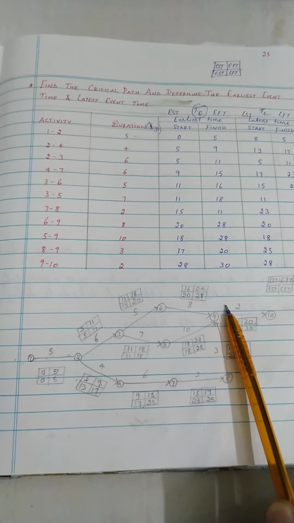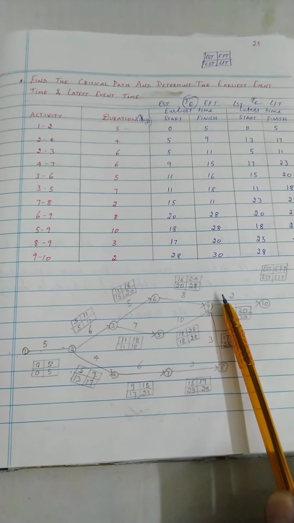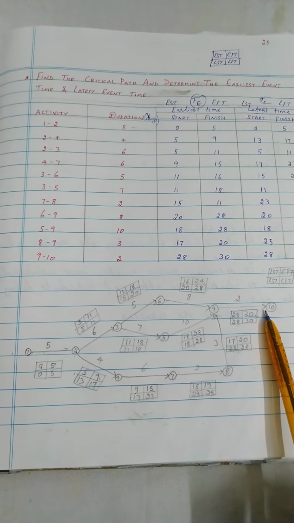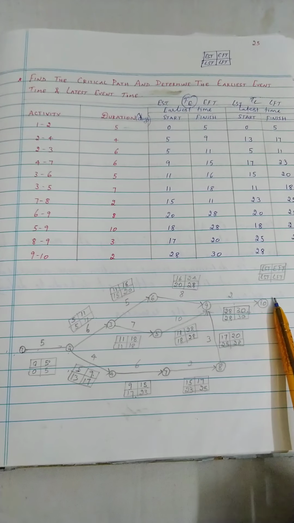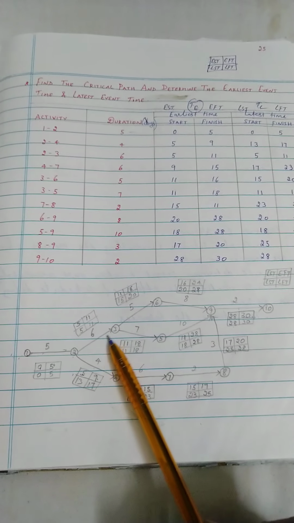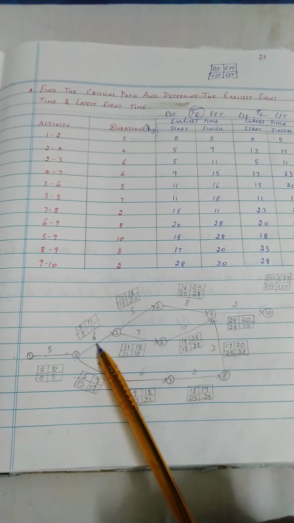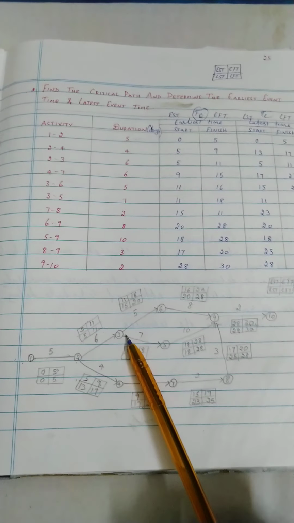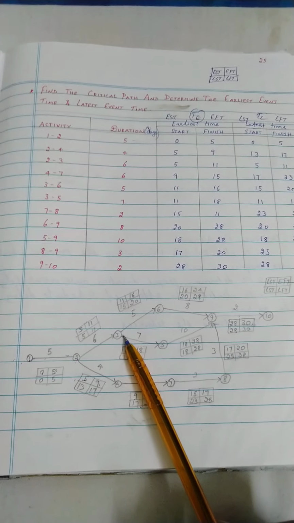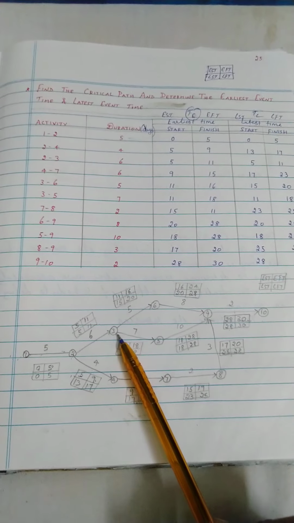That is one of the important things to keep in mind. Likewise, when calculating LST and LFT, if a similar junction is there, at the junction of the preceding activities you need to take the minimum value of LST. That is the key thing to consider.